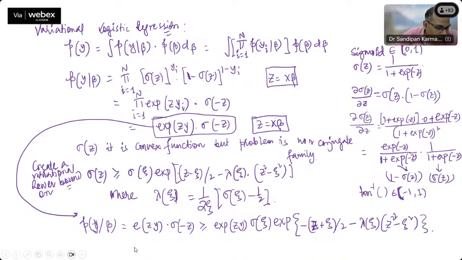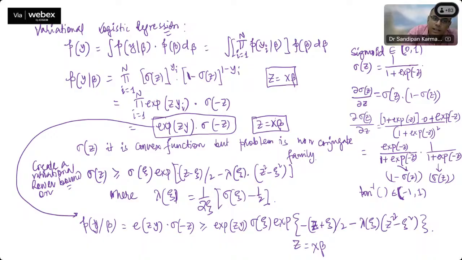Now why is this required? It is required so that I can have a square term somewhere, because z is x beta. As this z is x beta, my thing will be a little bit easier. This is the likelihood now, and I can multiply a normal distribution with this likelihood, and then I can take out this particular beta in a very nice way.